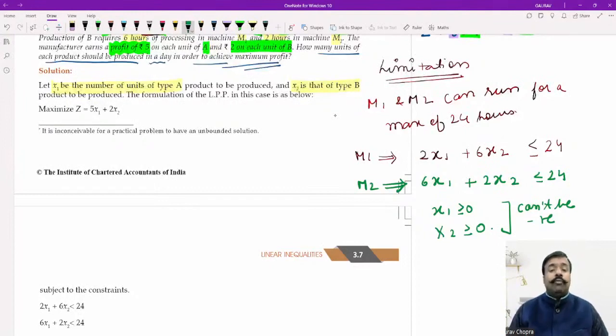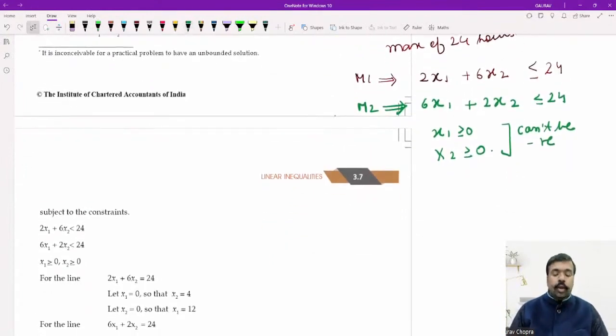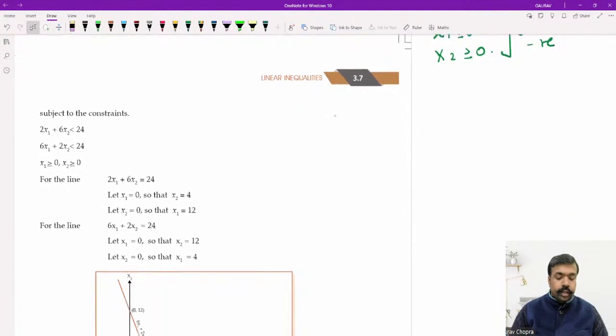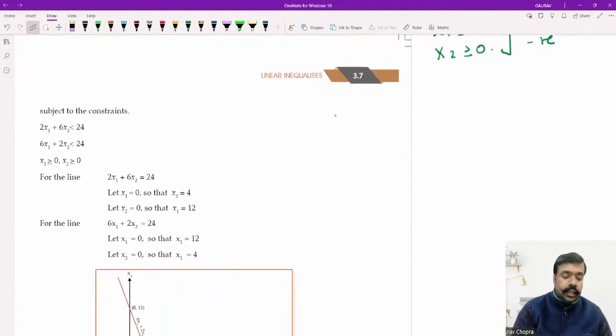That is why we have to use the non-negative constraints. So now we can see this is the first equation, the second equation, and the non-negative constraints.